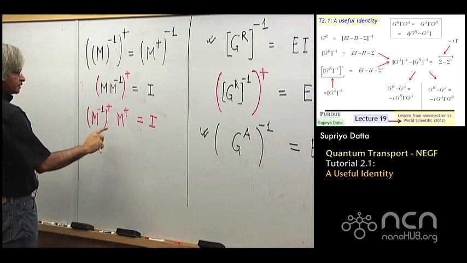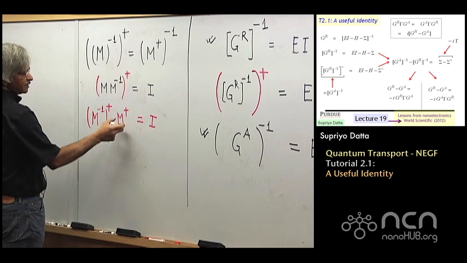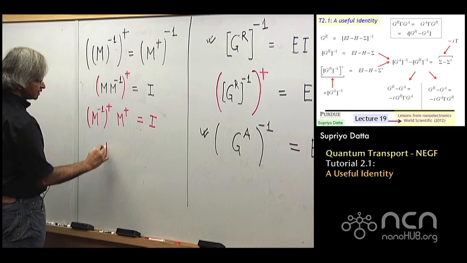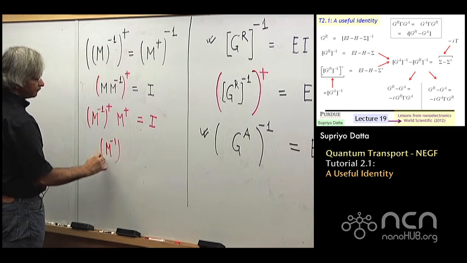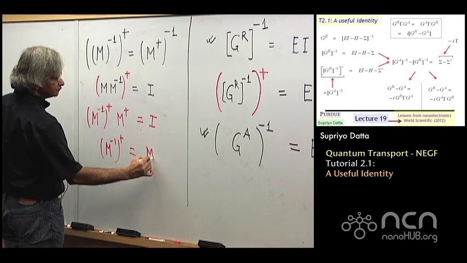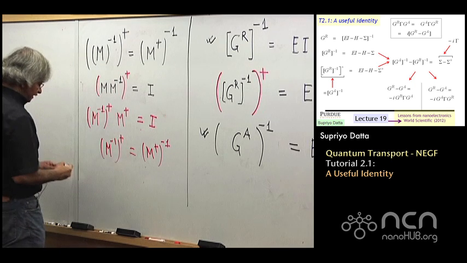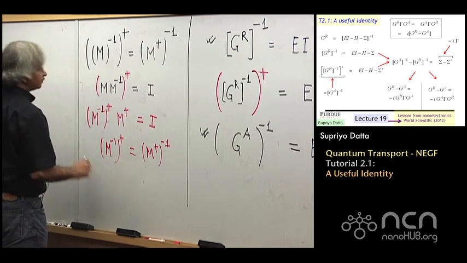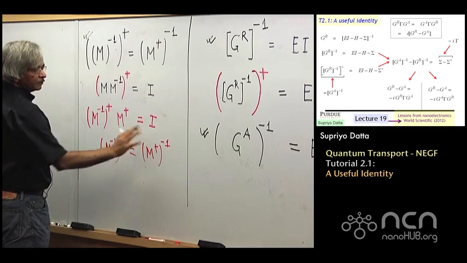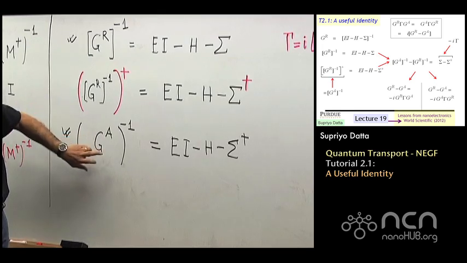So now the point is that since this times this is equal to the identity matrix, this must be like the inverse of that. So what this means is M inverse dagger must be the inverse of M dagger. So that's exactly what I was trying to prove, if you look back here. That inverse dagger is like dagger inverse. Okay. So that's the thing I used in getting from here to here.